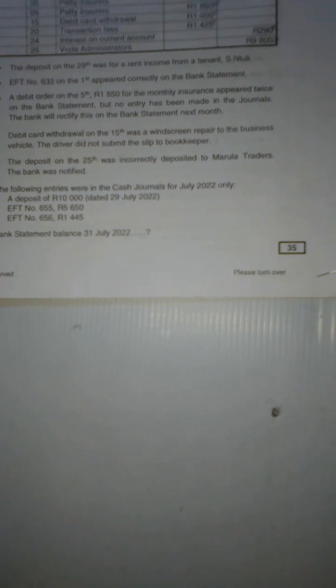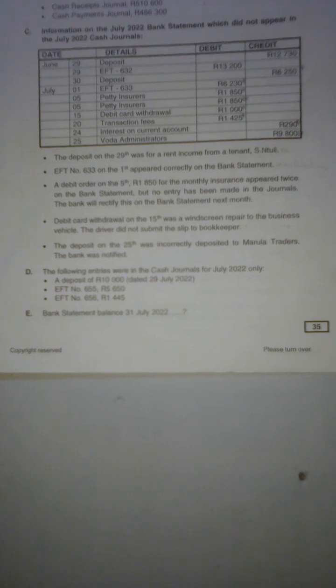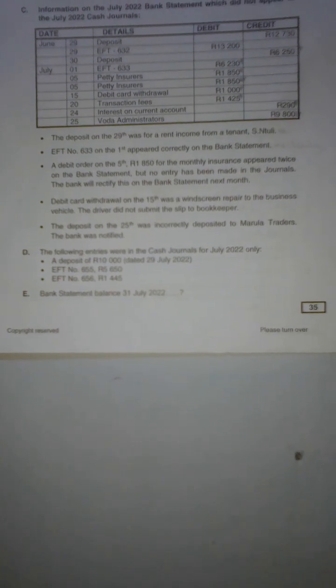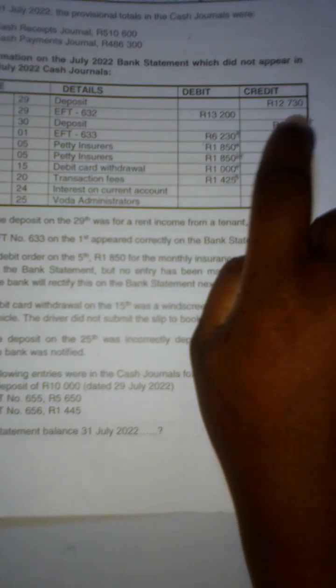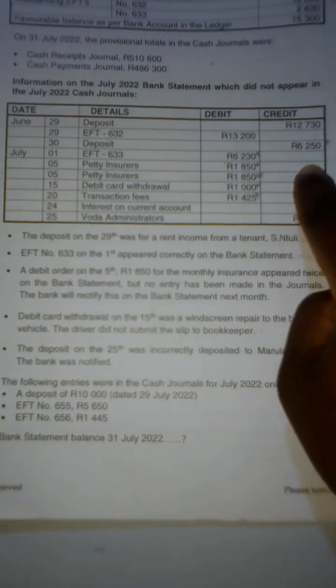Okay, fine. On the cash payment side, it seems as if everything that we're supposed to record, we have recorded it. Let's identify any other transactions that are supposed to appear on the debit side. What else do we have on the debit side? Let's identify items that are appearing on the bank statement. We have got the 6,250. It is appearing here, but it was not appearing on the cash journals.